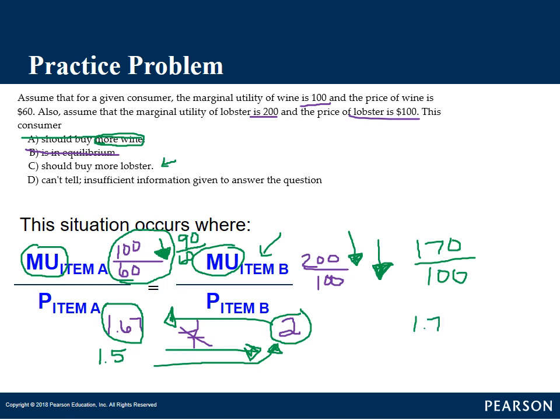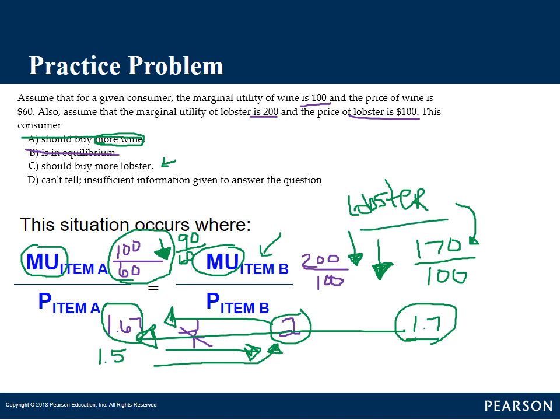Did buying more lobster, which decreased our marginal utility, bring us closer to that 1.67?